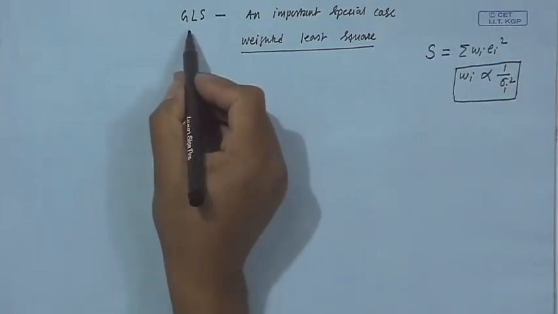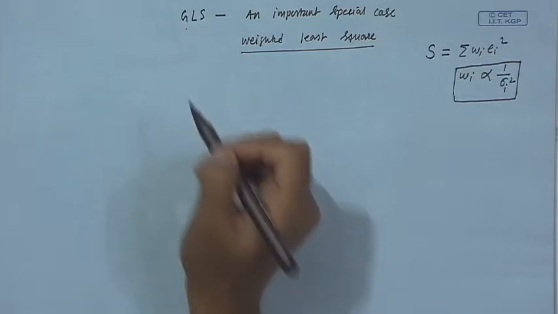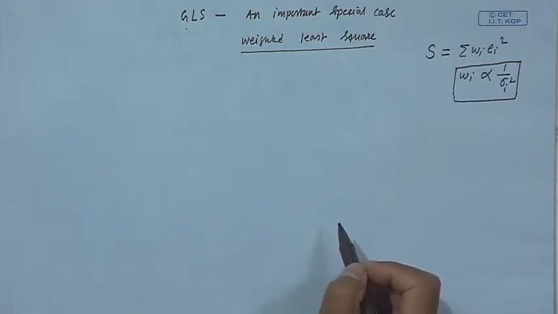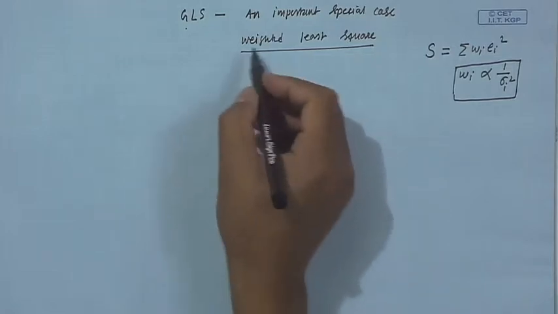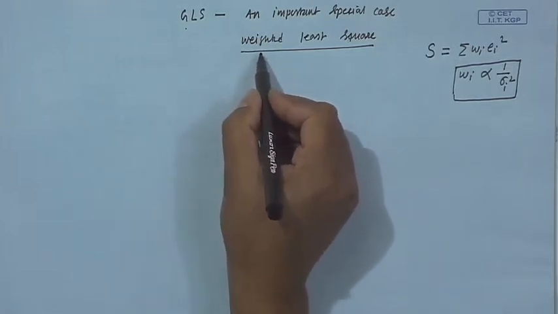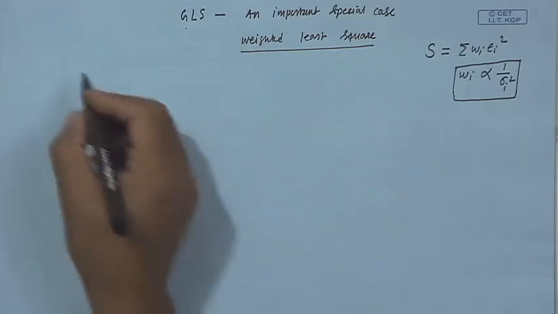So, now we know generalized least square, and weighted least square is a particular case of generalized least square.